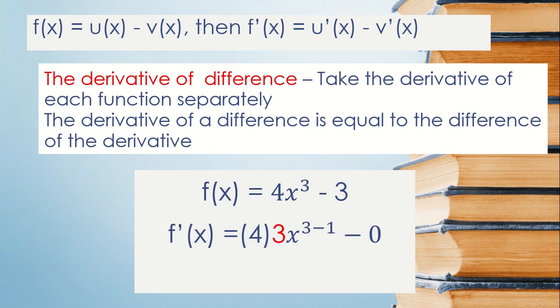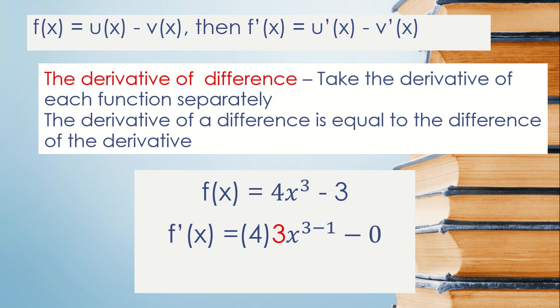So, we have, this is the constant times the function. So, applying the formula, it becomes the constant times the derivative of the function. This is a power rule. So, 3x raised to 3 minus 1 minus 0. O bakit 0? Ba't naging 0, yung 3? Babalik tayo doon sa formula natin.